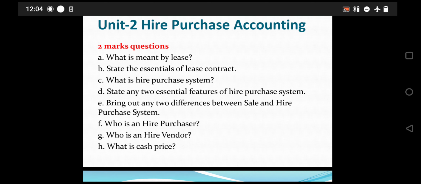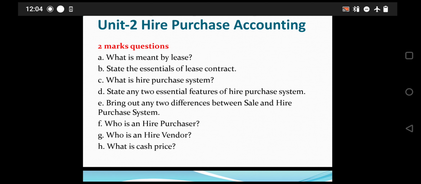Then one more I can add to these essential features. In a transaction which results in hire purchase, we calculate the payment in terms of the price of goods and the payment in terms of interest. So we'll pay interest and the principal amount of the particular product which we purchase on hire purchase.